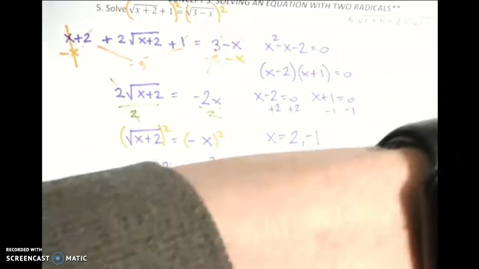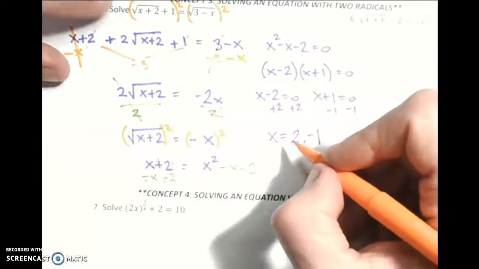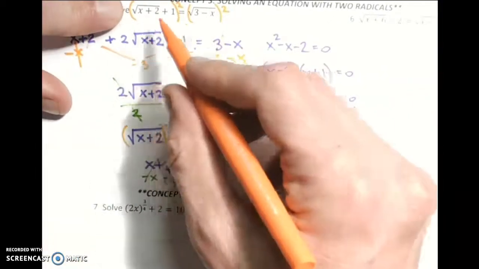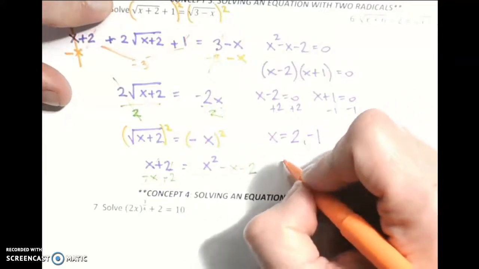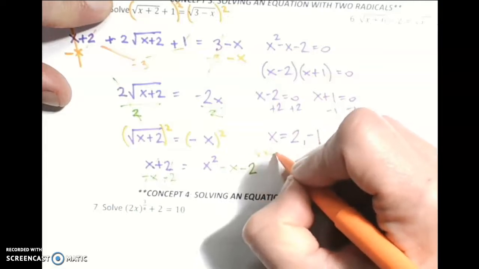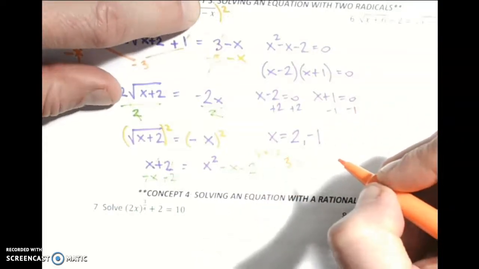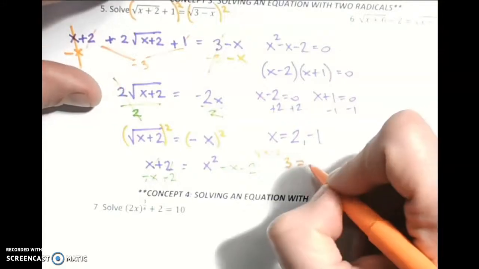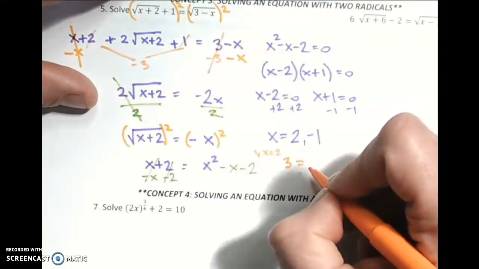Alright, let's double check real quick. When I put that 2 in there, I get 2 plus 2, which is 4. The square root of 4 is 2, plus 1 is 3. And is 3 equal to 3 minus 2, which is the square root of 1?